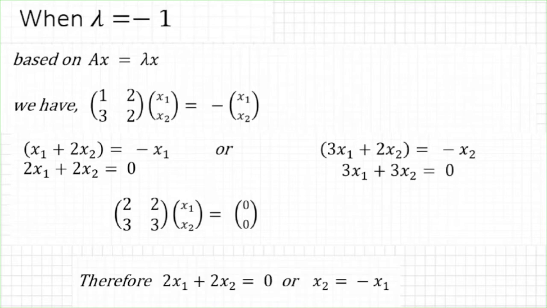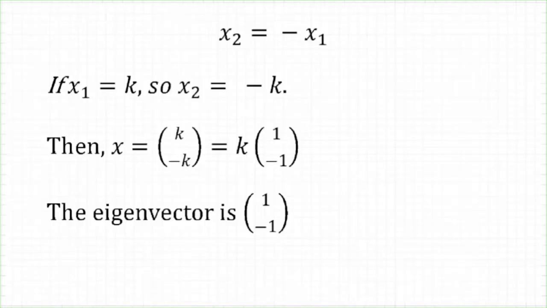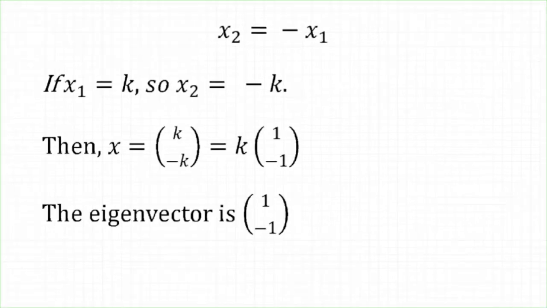Therefore, when 2x1 + 2x2 = 0, x2 is equal to −x1. If x1 equals k, where k is a constant, then x2 is equal to −k. Then from the equations, x is equal to (k, −k). When we move k out, we get (1, −1). So the eigenvector when λ = −1 is (1, −1). Okay, settled for λ = −1.